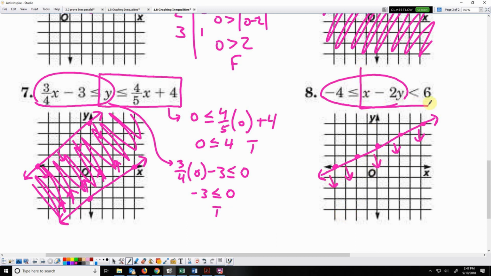My other line, if I put in a 0 for x, I'm going to divide by -2. 6 divided by -2 is -3, so I've got a y-intercept of -3. If I put in a 0 for y, I get -2 times 0, which is 0. So x is 6.